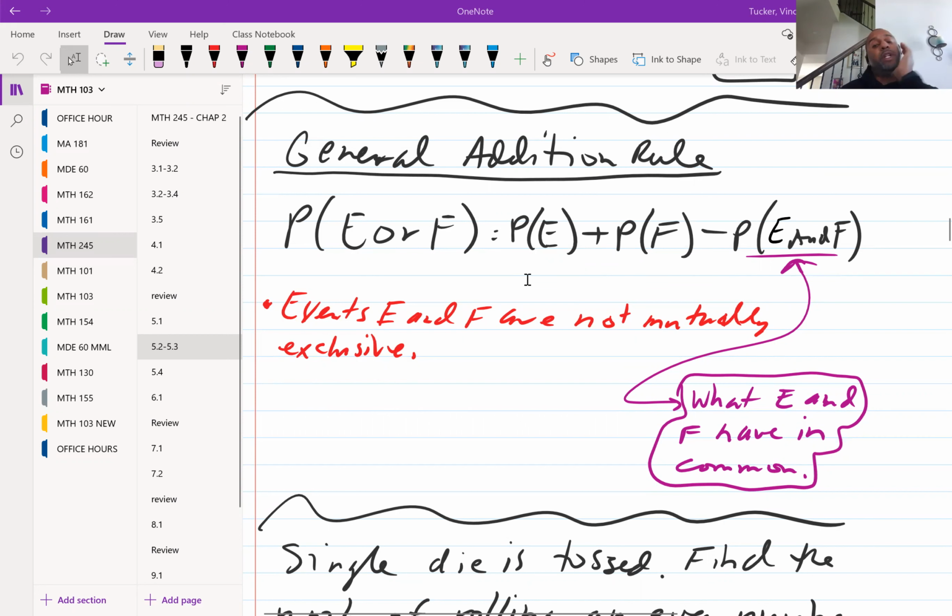You want to know the probability of E or F occurring. We would take the probability of E plus the probability of F, and then we're going to subtract what E and F have in common. And so that means that E and F are not mutually exclusive. Remember, if they're mutually exclusive, they have nothing in common, and that's why we wouldn't have to worry about this piece over here.